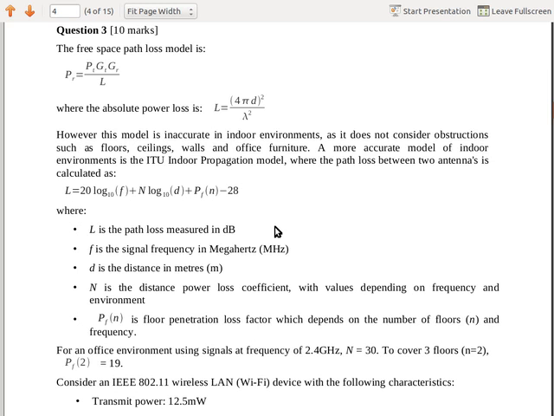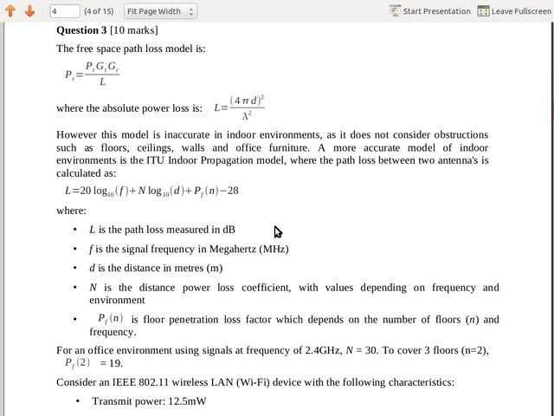If this is measured in decibels or dB watts, and this is in decibels or dBi, we lose power across the wireless link. That's a loss measured in dB. We gain at the receiver, measured in dBi. The result is the received power measured in dB watts.